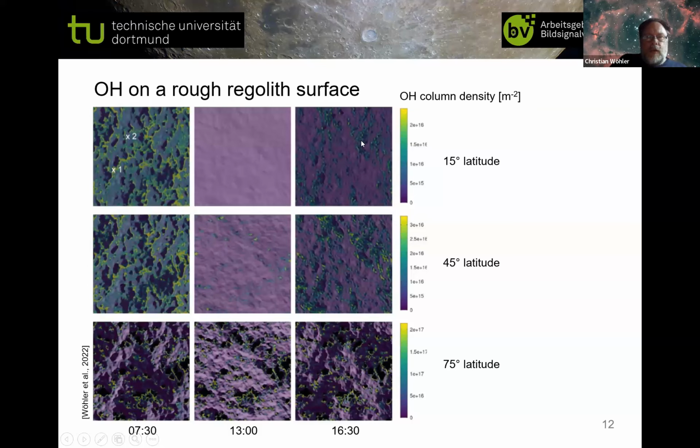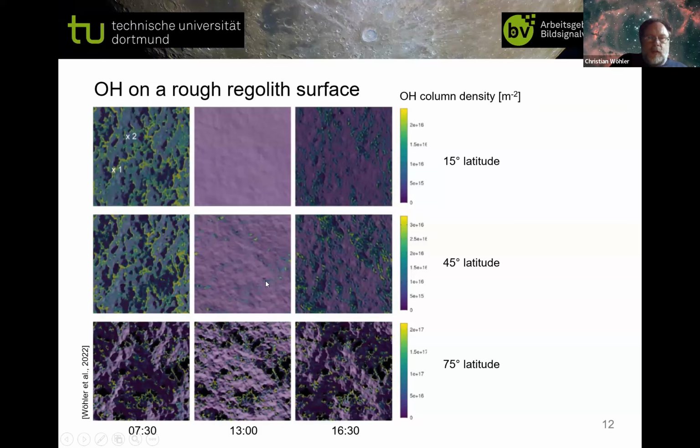At 15 degrees latitude, there are no micro cold traps, so there are no roughness structures which are always cold due to lack of illumination. That doesn't exist at this latitude. But here at 45 degrees, such areas begin to come up.